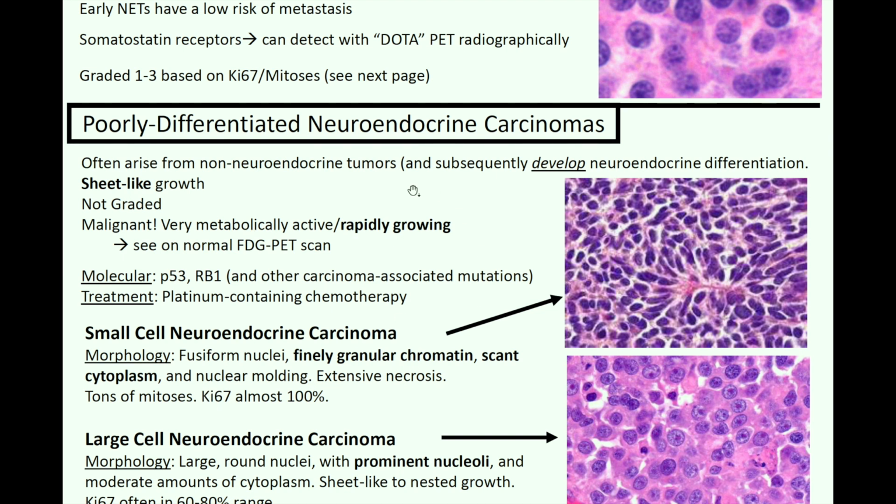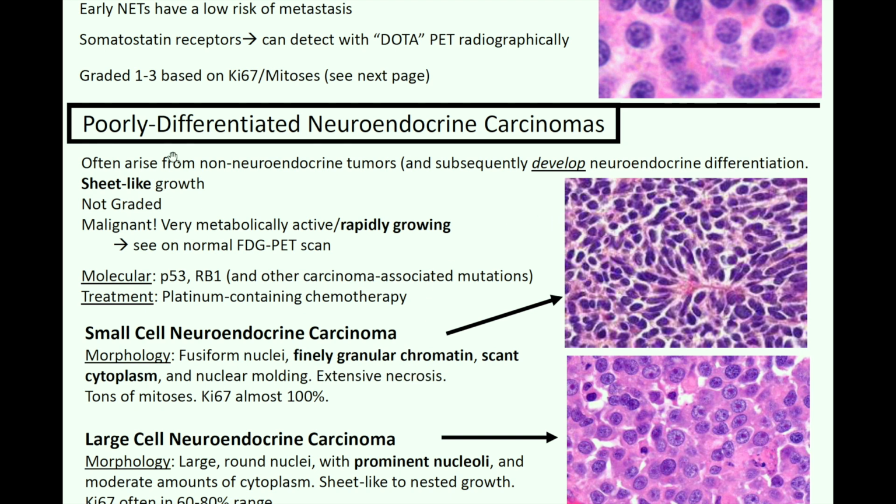So a couple examples of poorly differentiated neuroendocrine carcinomas. You have small cell neuroendocrine carcinoma. So the morphology, you have fusiform nuclei, finely granular chromatin with scant cytoplasm, and nuclear molding, with extensive necrosis and tons of mitoses, and the Ki67 is almost 100%.